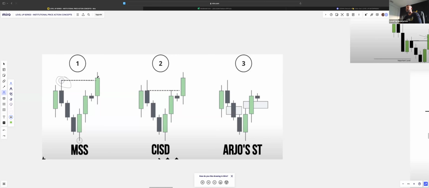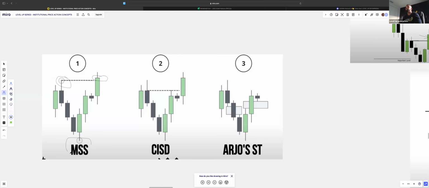And now this lower high, we see a body closure below it. So this means that now price is changing its order flow. Same concept, just a different concept. We have many different concepts that we can use to our advantage to understand whenever price is either changing or shifting its order flow.